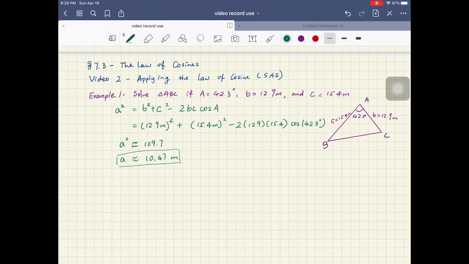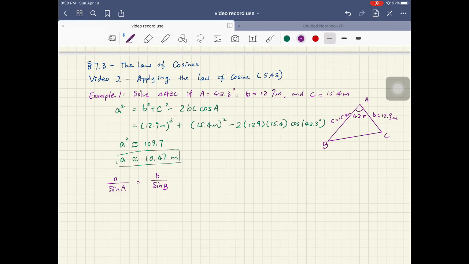Here we're going to use the law of sine. Since I have angle A, I can start with A over sine of angle A equals B over sine of angle B. So we're going to find angle B first.